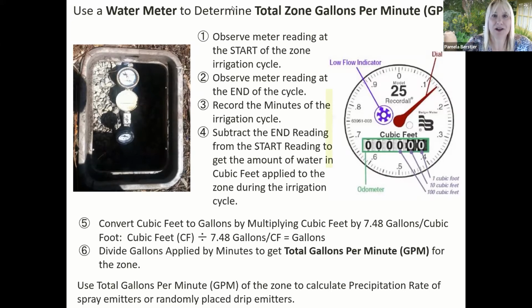I forgot to say, turn on the irrigation zone and run it for 5 minutes.